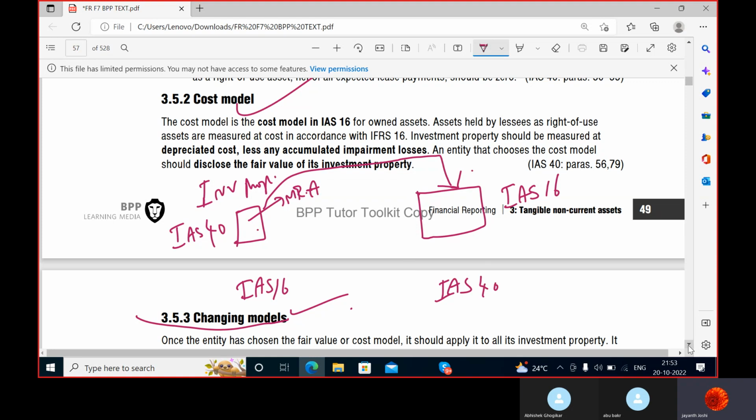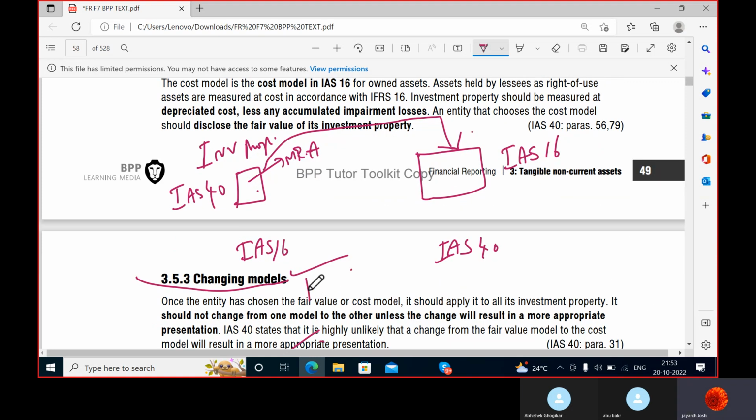Suppose you have a plot of land, a big land in the outskirts, like 20 acres, and this land has been held by you for a long time.